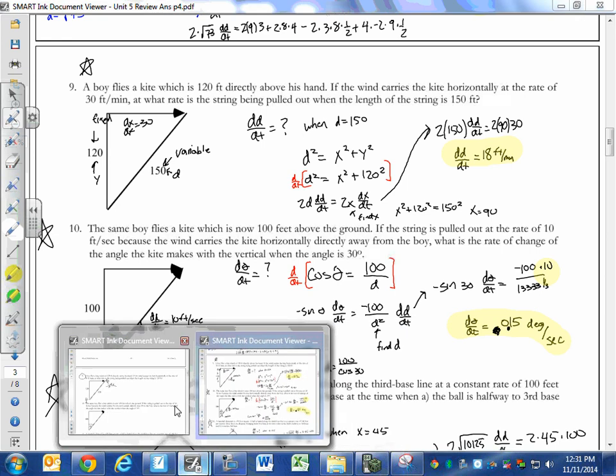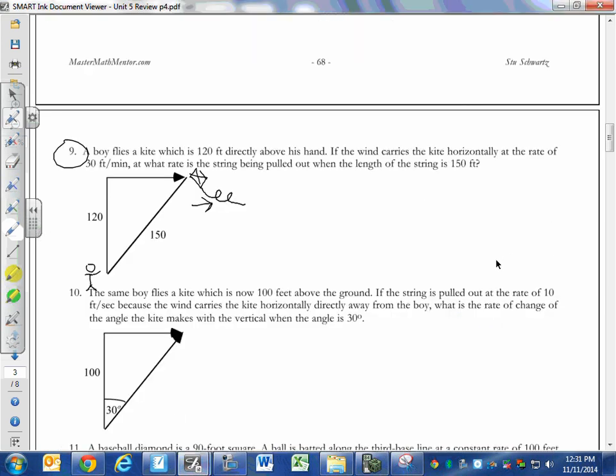The answer is 18. Make sure you know what's fixed. The kite is flying horizontally.